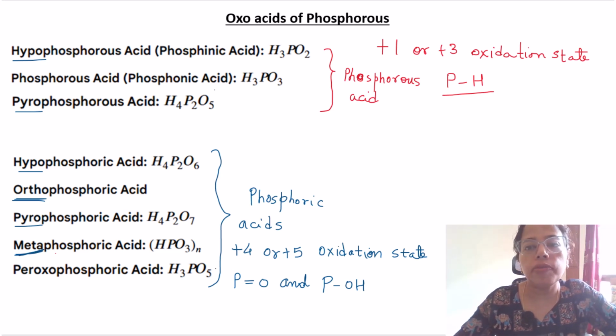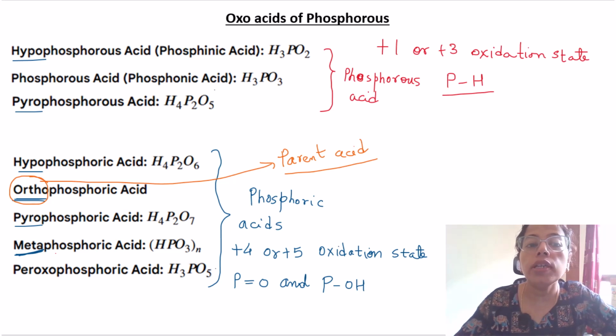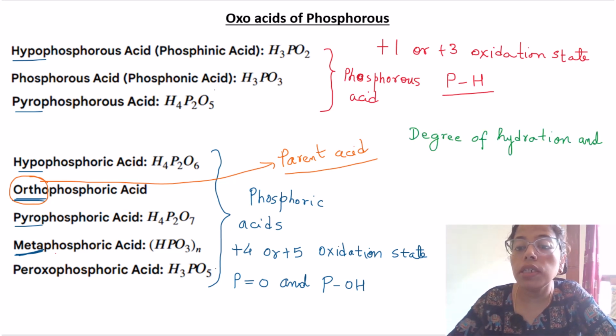So all of these prefixes, ortho, meta, pyro, hypo, have certain specific meanings. And what do these prefixes denote? These prefixes denote the degree of hydration, okay, and the oxidation state of the oxoacids.